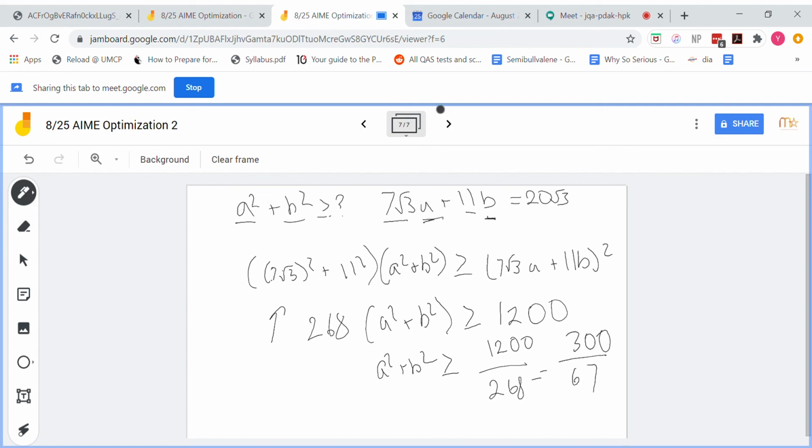And so the minimum possible area, our area is at least root 3 over 4 times that, which comes out to 75 root 3 over 67. And so we simply have to prove that this works, and all we have to do is solve the equations a squared plus b squared equals 300 over 67, and 7 root 3a plus 11b equals 20 root 3.